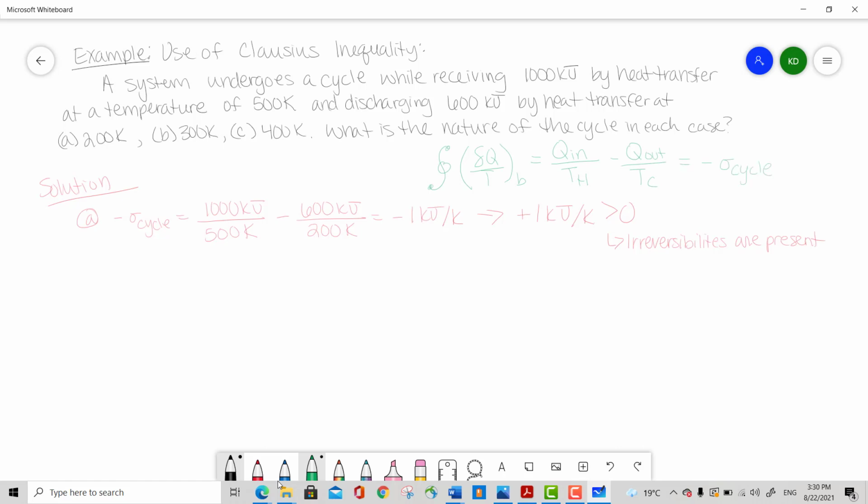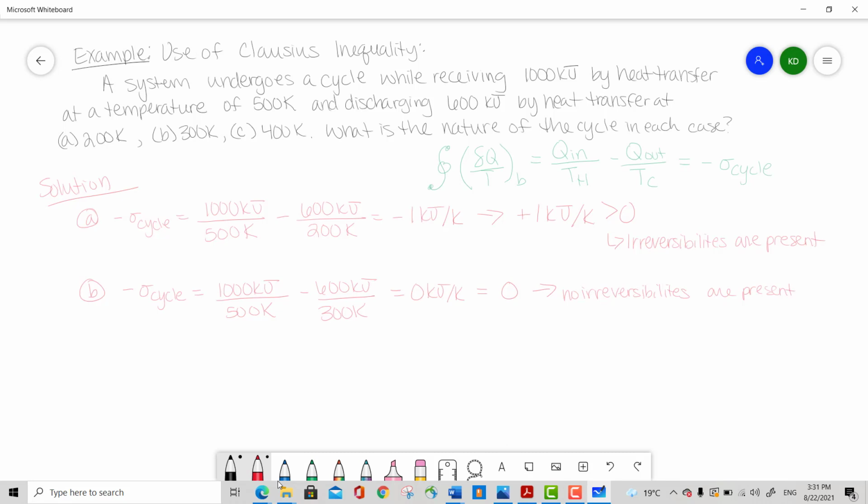Okay, so we have that, and then we have B, which again, we're just going to plug in our values. I think that's on your formula sheet, but if not, I wrote it down again for you. 1,000 kilojoules over 500 Kelvin minus 600 kilojoules over 300 Kelvin, which equals 0 kilojoules per Kelvin, which is equal to 0. And then that means no irreversibilities are present.